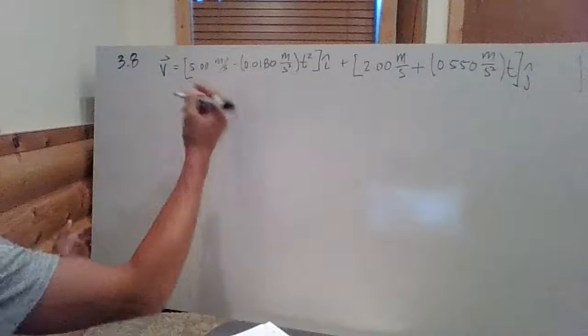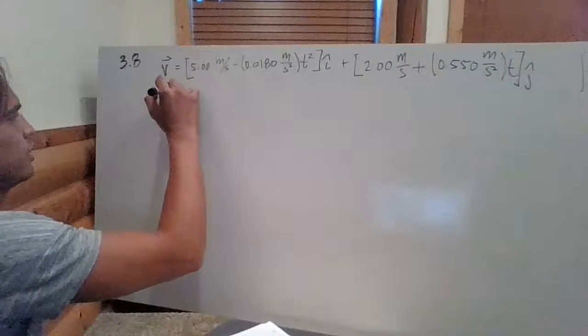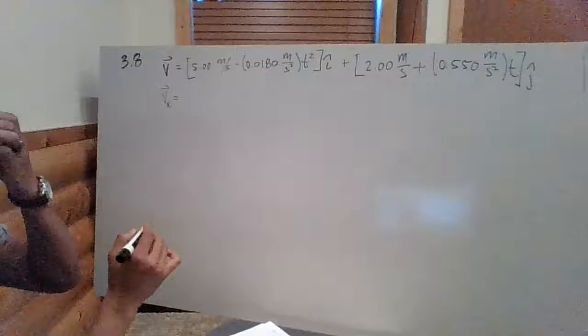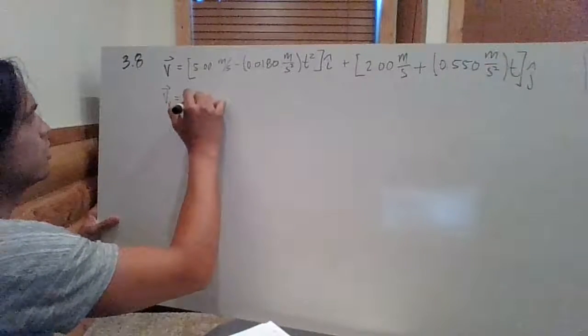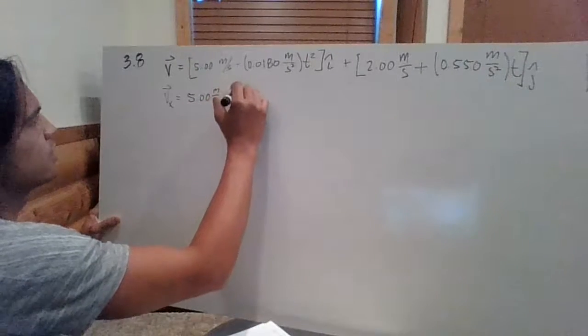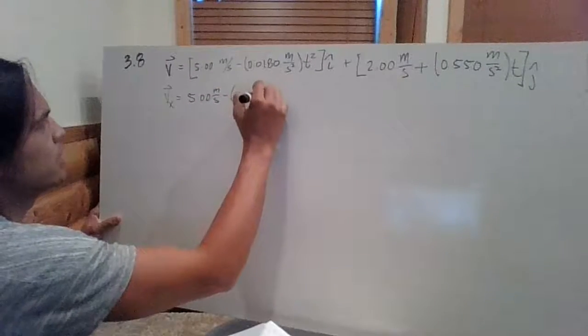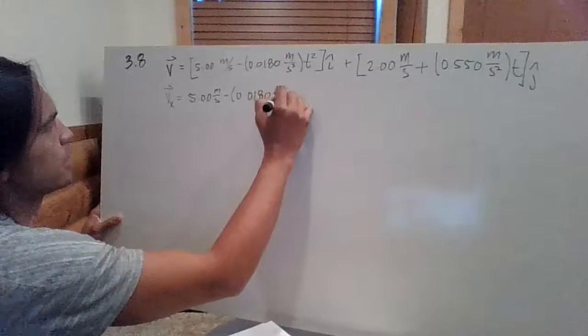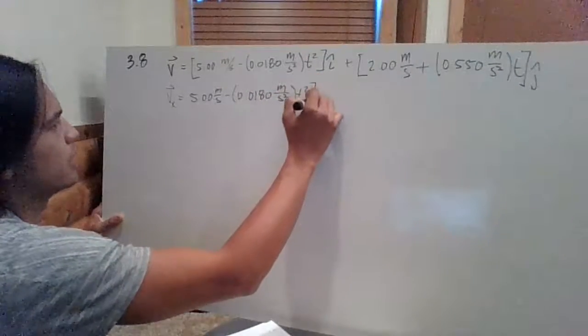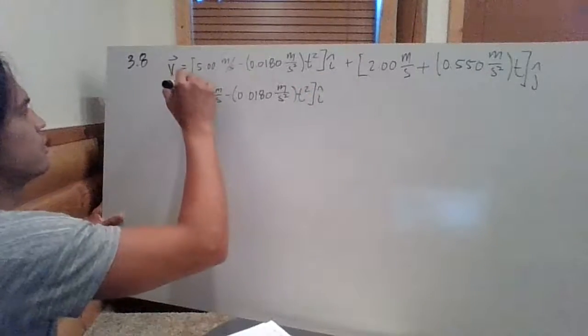Since it's the x direction, it will be vx, and we can take that by itself: 5.00 meters per second minus 0.0180 meters per second cubed times t squared, and that is the i hat.